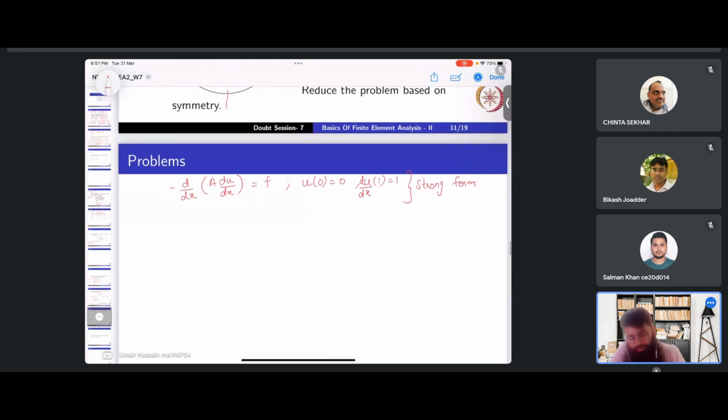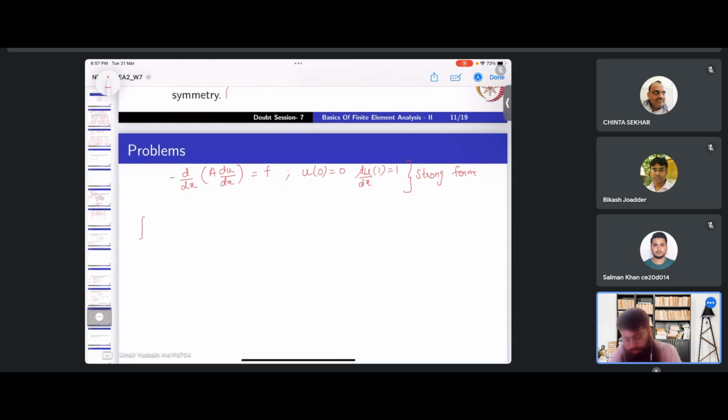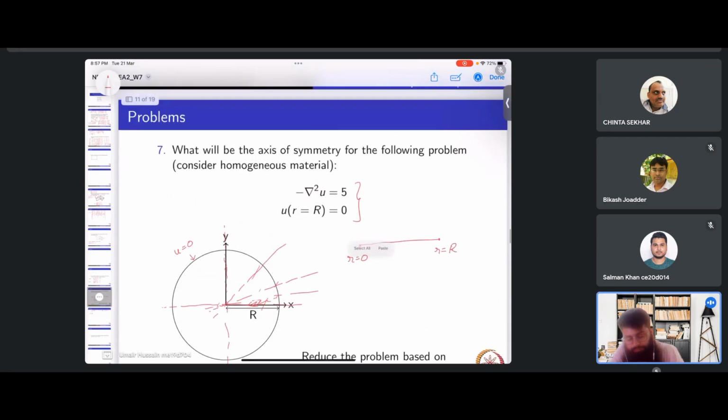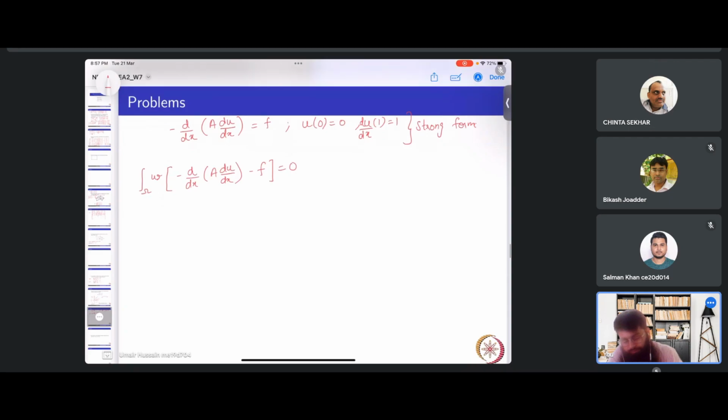But if we take the weighted residual statement and perform integration by parts, it basically transfers the differentiability requirement from our primary variable to our weight function.